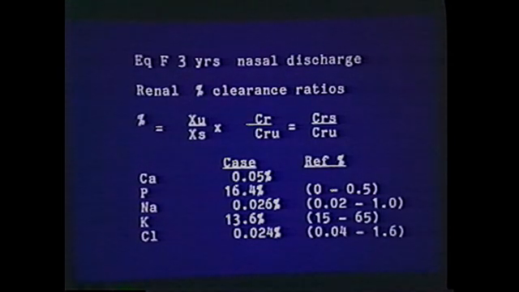Key to the diagnosis of that is to measure dietary concentrations of calcium and phosphorus, and/or in the patient to measure parathyroid hormone, or done more easily, the fractional excretion of phosphorus. Let's not go through this awful formula, but it's very easy to actually do, and you can see that the reference range for phosphorus excretion in a horse is very low, 0 to 0.5%, and in this particular patient it's 16%.